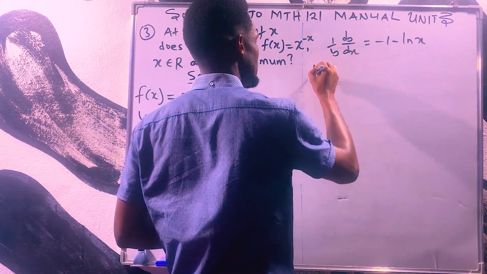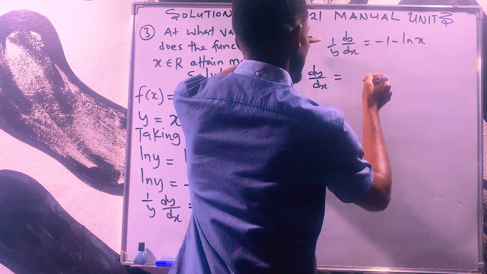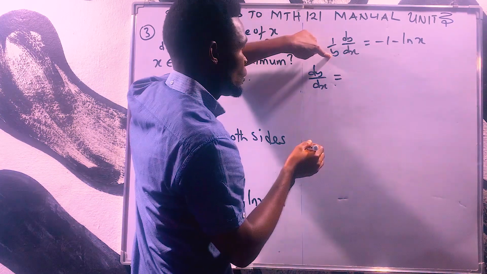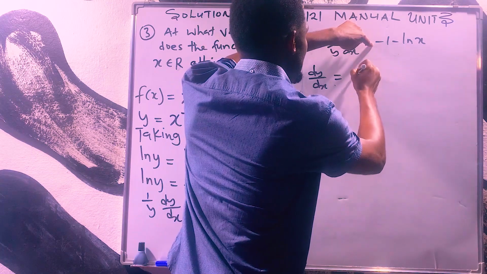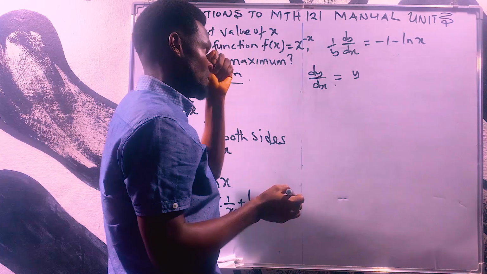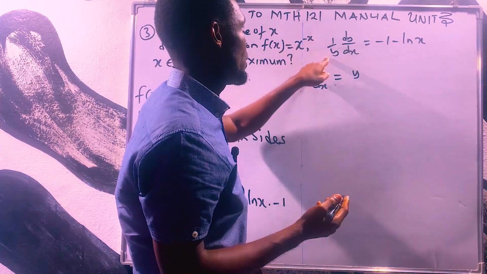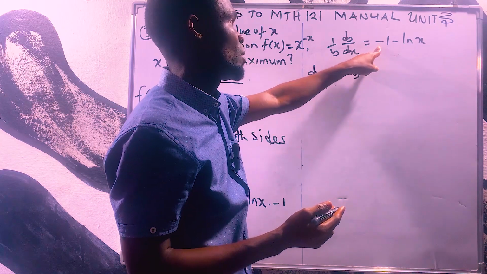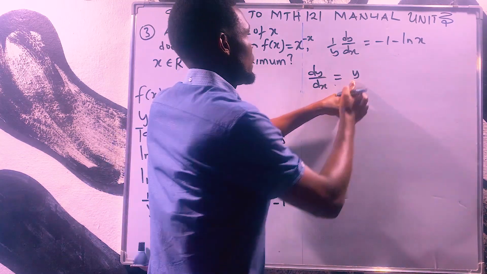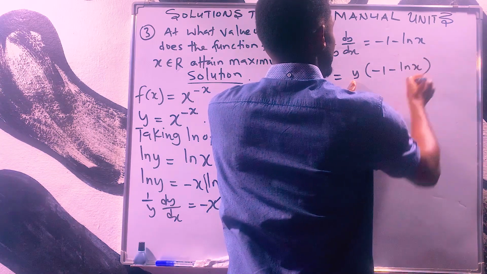So dy dx will be equal to, now 1 over y will move to this side and become y. That's primary forcing. If you do that very well, you will know. 1 over y, when it moves to this side, it becomes y, into minus 1 minus ln x.